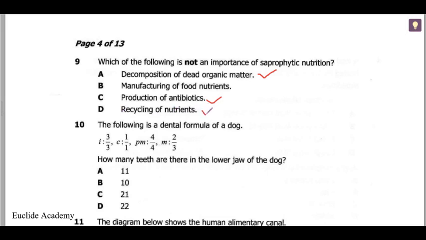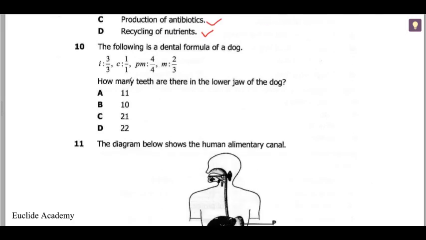Recycling of nutrients, they do recycle nutrients. Now manufacture food nutrients, they don't manufacture food. These are feeding on another already dead, decaying organism. They don't make their own food like glucose. They don't manufacture food nutrients. So that is the correct answer. B is not an importance of saprophytic nutrition.